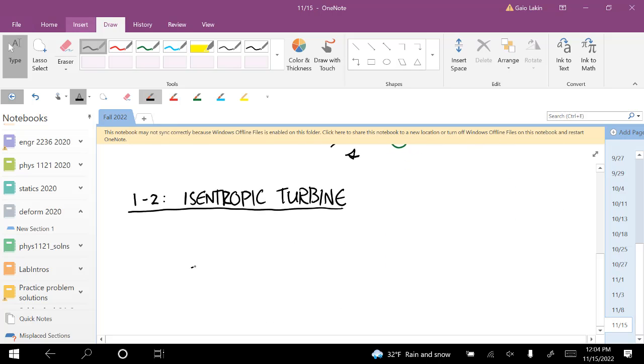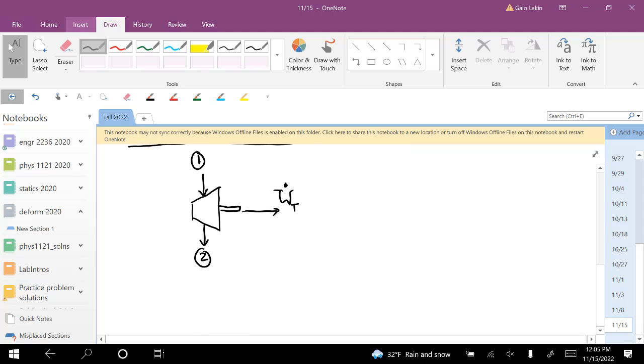And this is where the work is done. I'll call that W sub T. And mathematically, what we know about this is that the rate of work done by the turbine divided by the rate of mass flow is equal to the enthalpy at state 1 minus the enthalpy at state 2.